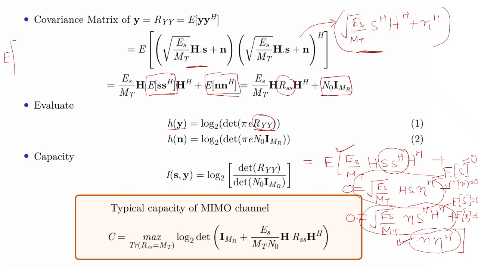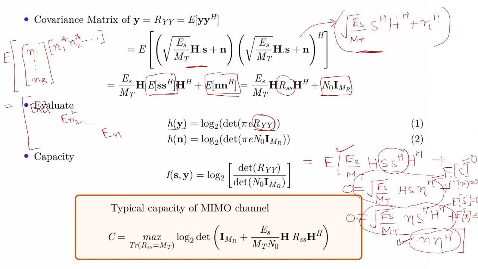Let's say you first define the noise vector, N1 to N_MR, and you multiply it with the complex conjugate of this vector, which is N Hermitian, you get N1 conjugate, N2 conjugate, and so on. When you multiply it, you will get a matrix. In the diagonal elements, you will get expectation of N1 square, expectation of N2 square, and so on.